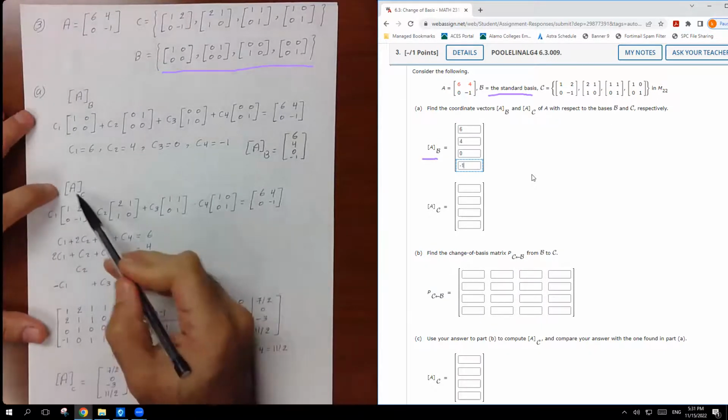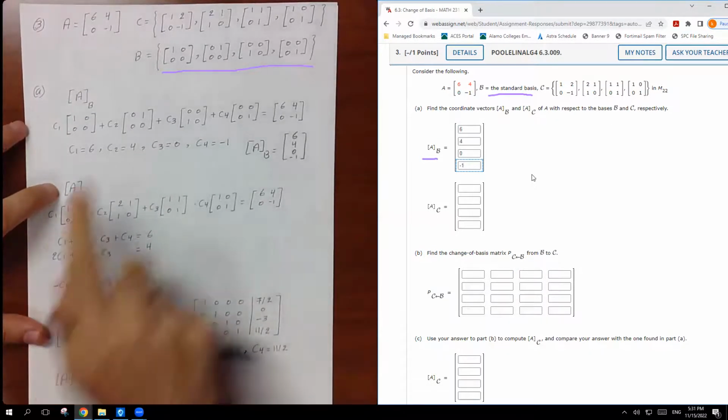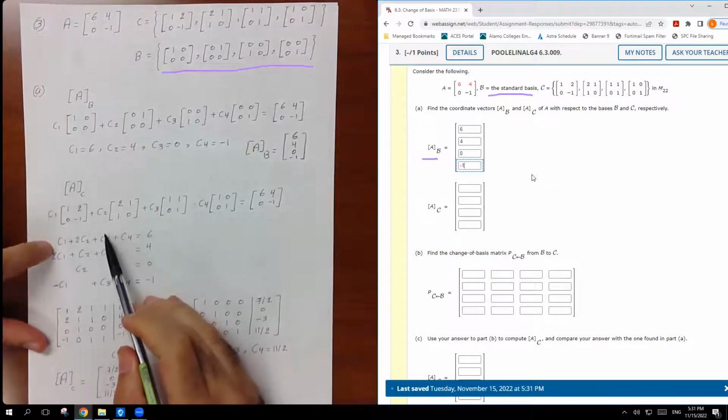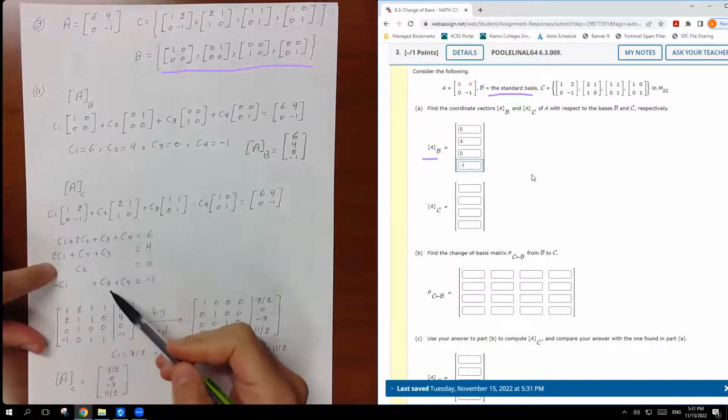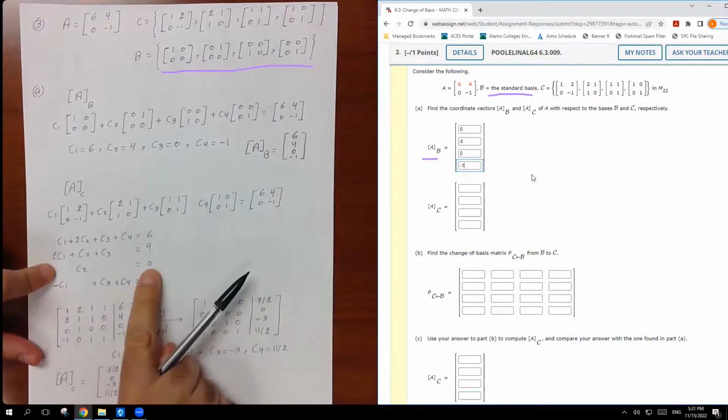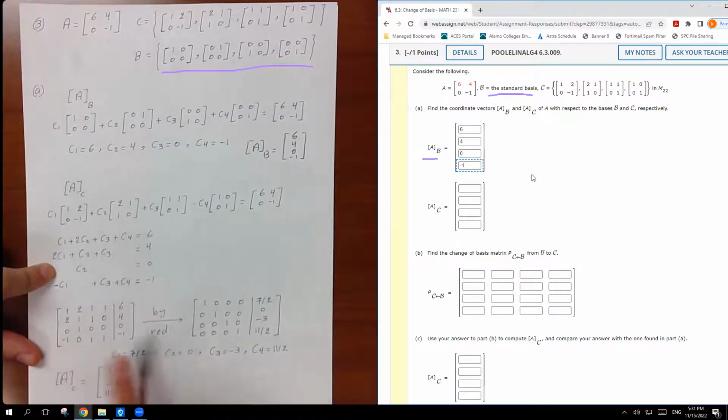The coordinate vector A with respect to the base C, we're going to use the base C. So you're going to get the 4 equations. Convert this to a matrix: 6, 4, 0, -1. By reduction, you're going to get 1, 0, 0, 0, and here's the identity matrix.